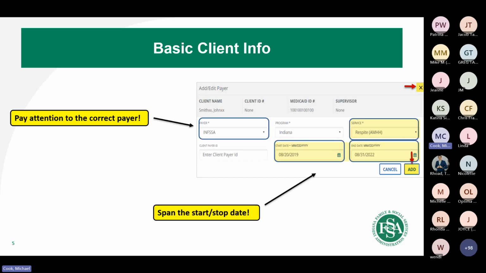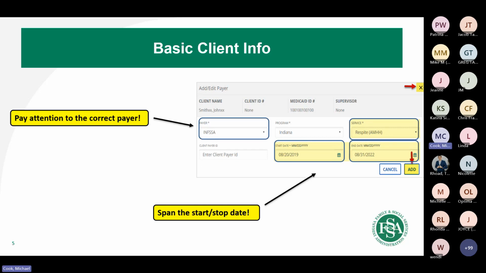We have multiple payers now. In addition to IN FSSA, you'll see payers for each one of the MCEs. So make sure whichever payer, whichever source your member is associated with, whether they're with fee-for-service or especially for home health services, if they are using an MCE, make sure that you're selecting the correct payer from the drop-down menu.